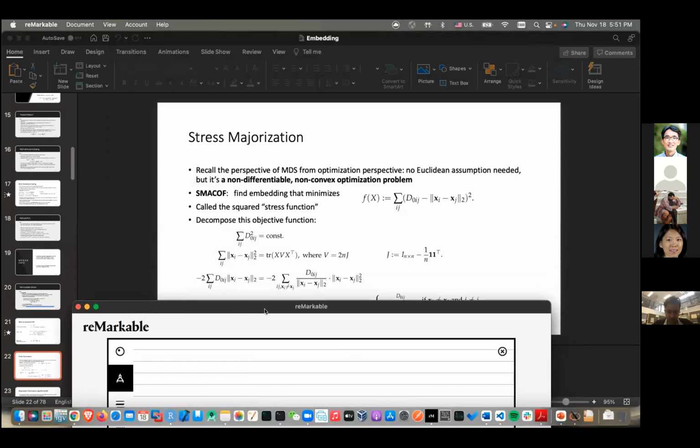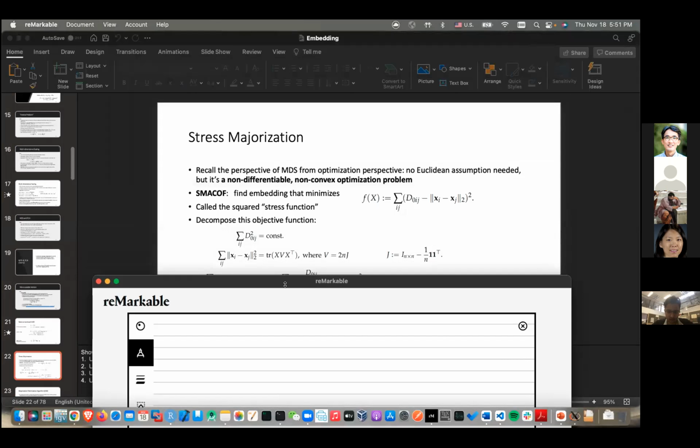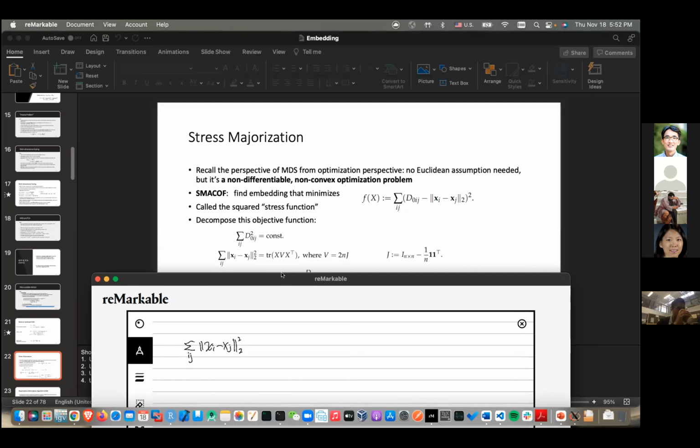Thank you. So what we have here is the sum over ij of xi minus xj squared, right? So what is this exactly? This is actually Pij, the pairwise distance between 2 points.